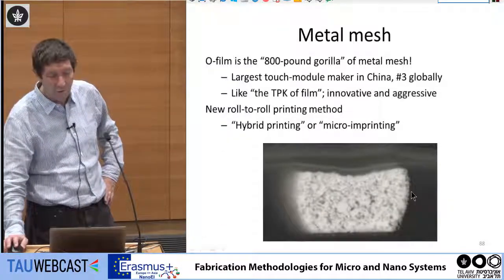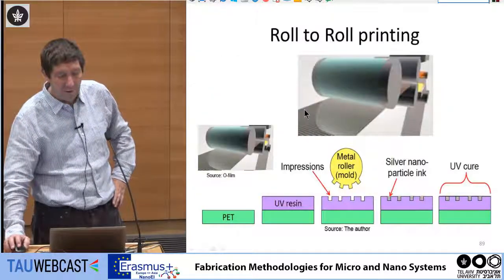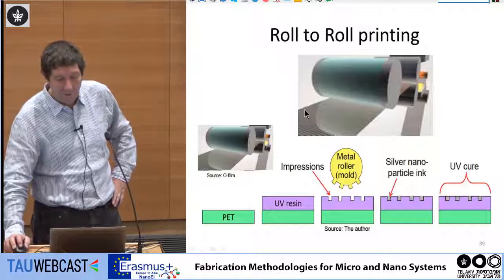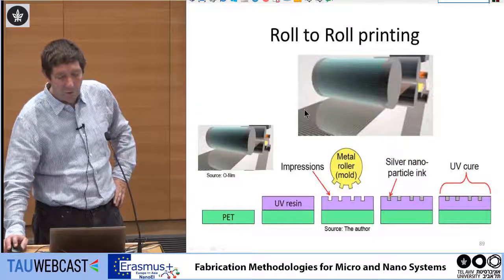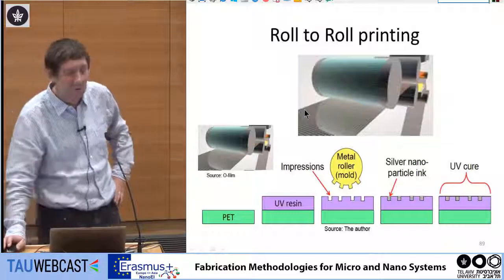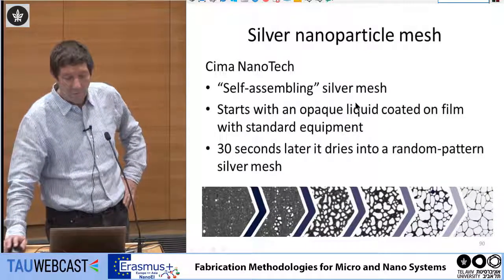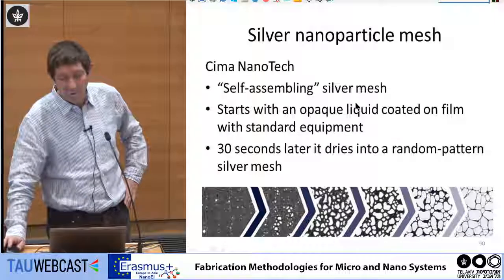The method I showed you before is that you take the polyethylene, the PET, put on a polymer, use a metal roller to print the trenches, fill them with silver nanoparticles, and cure it, and you have this screen. So this is one option.